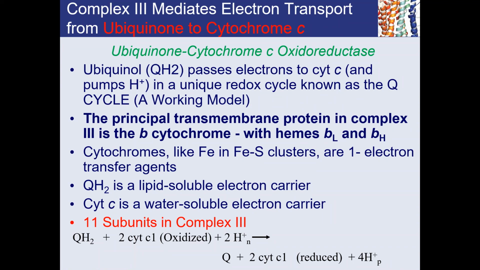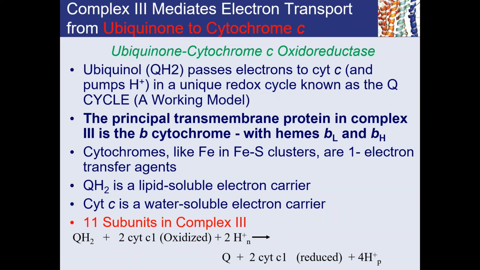And based on a lot of scientific experiments, people have understood how this complex 3 might be working at the molecular level. Okay, the crystal structure of complex 3 has been solved, I think, in the mid-90s. So we know at the molecular level what goes on in this.